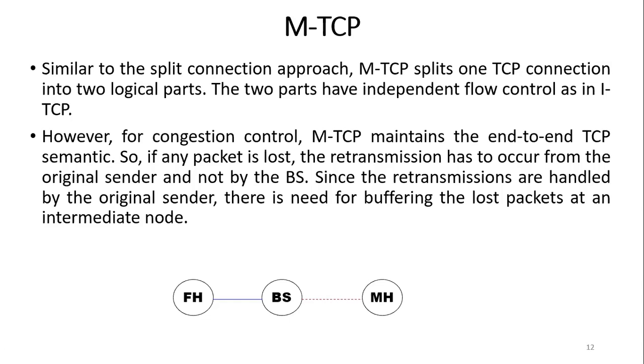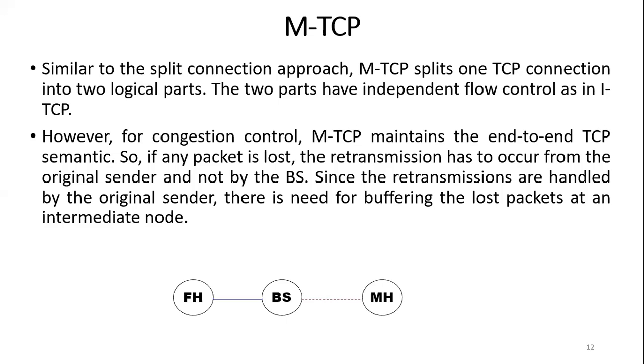One was flow control, and the other was congestion. For flow control, it still uses that split connection approach to separate. But for congestion control, the CWND, that window is maintained with end-to-end TCP semantics. It does not consider the separation of two parts, rather end-to-end.